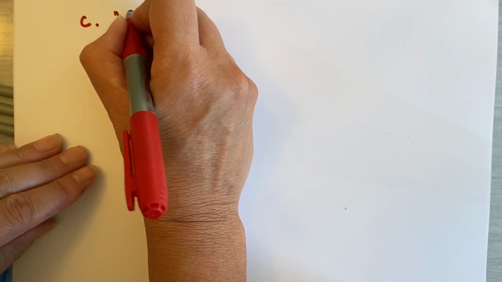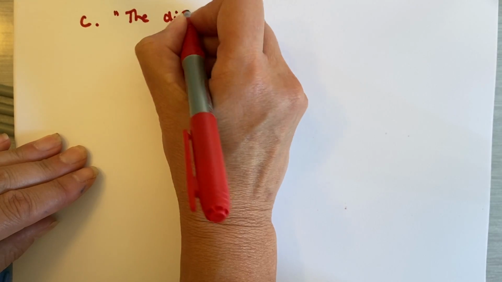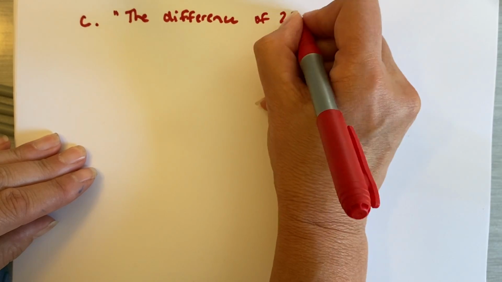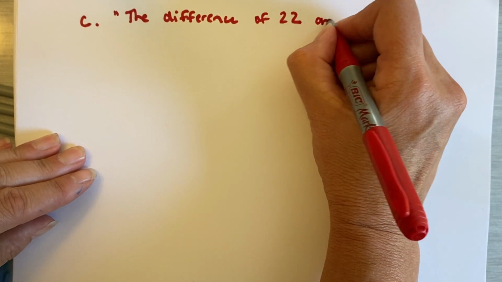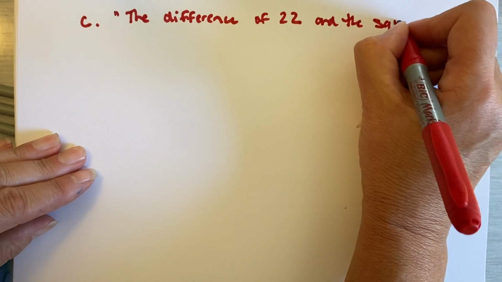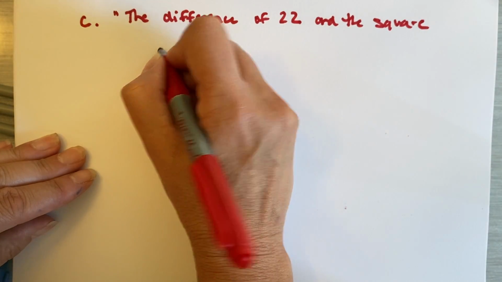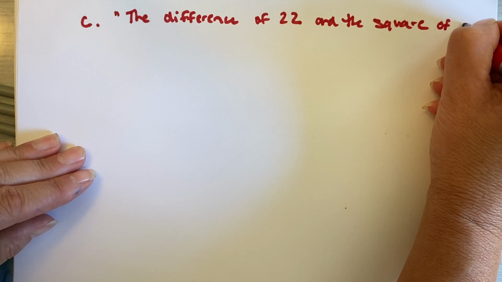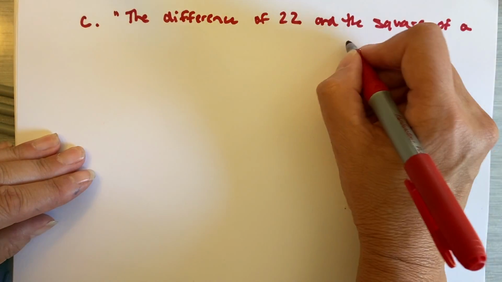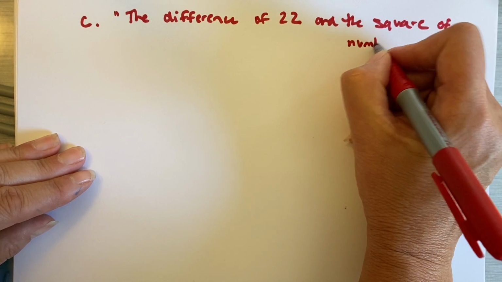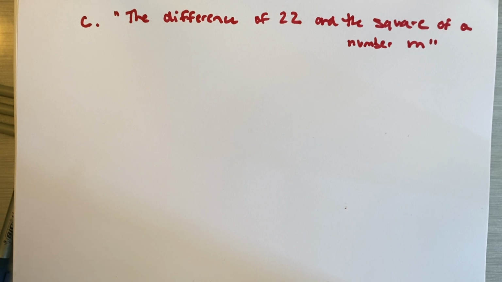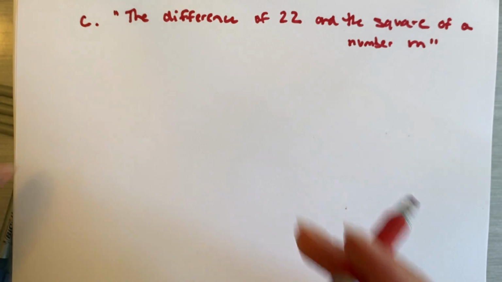The difference of 22 and the square of a number m. I ran out of space, so I'll just put a number m. The difference of 22 and a square of a number m. Now, do you remember what I said before?